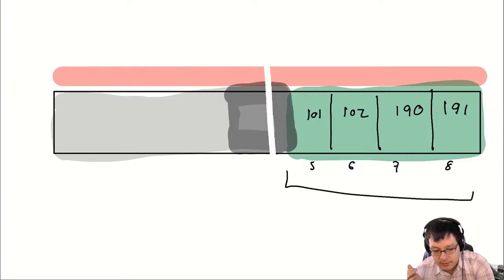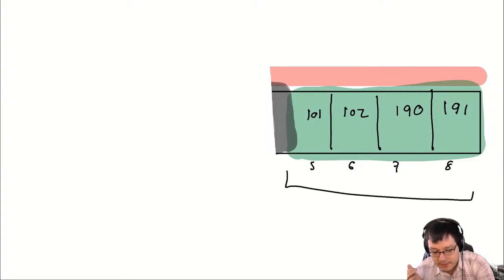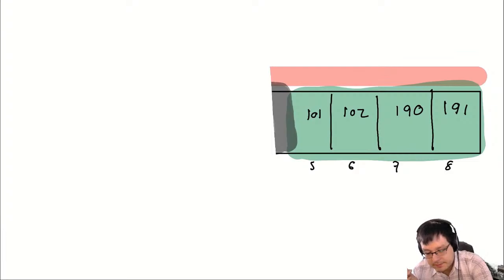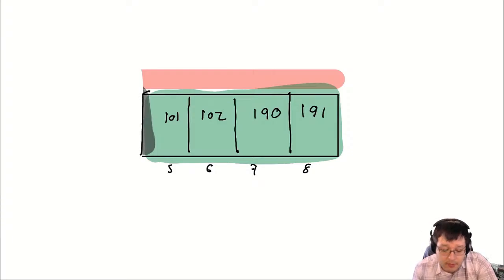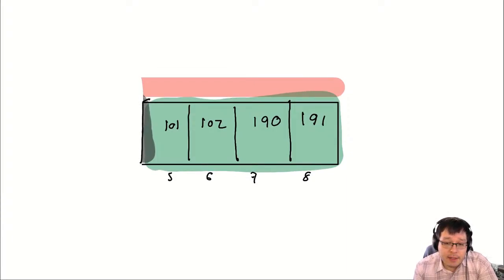Okay, so this is what we're looking at right now. And yet again, what we're going to do is take the range of numbers from 5 to 8 and find the middle of that.